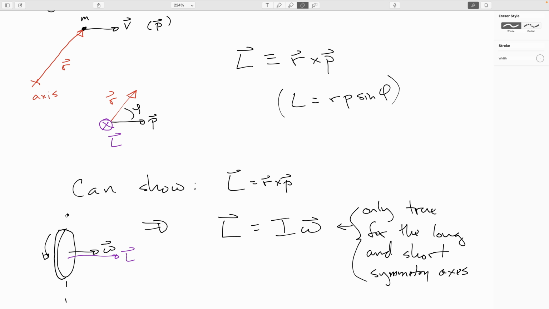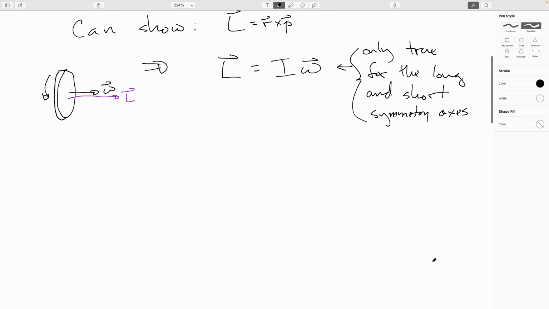So any sane way that you would throw a frisbee is going to give you angular velocity and angular momentum pointing the same way. Or similar for a football or anything like that. So this isn't as restrictive as it sounds, and for a lot of practical application, this is all you need.